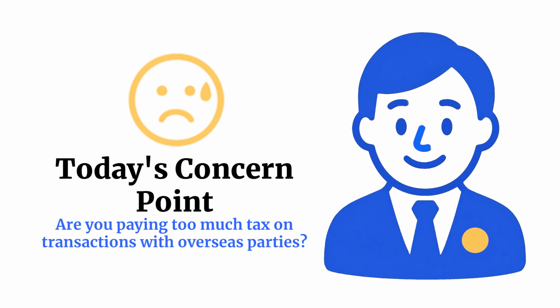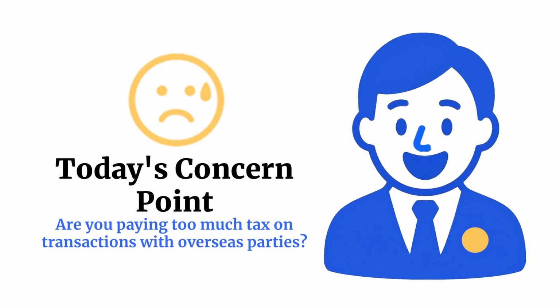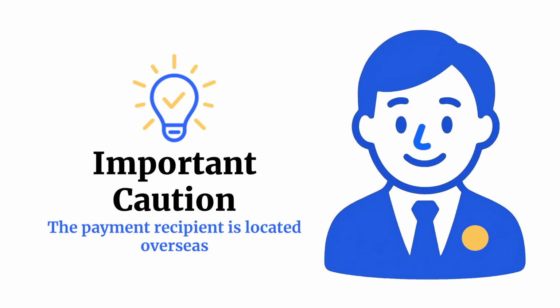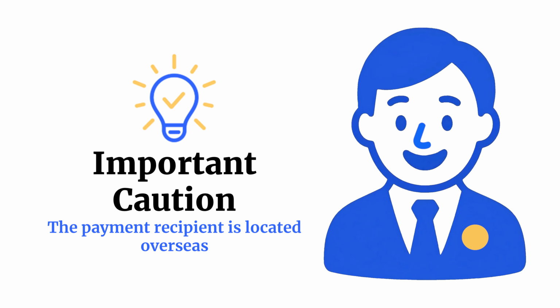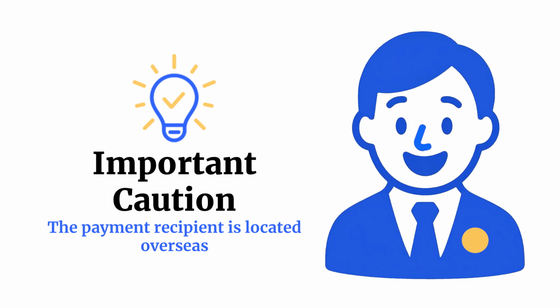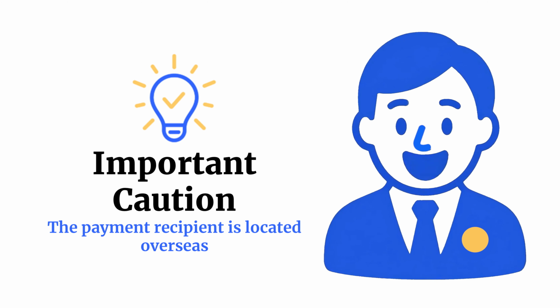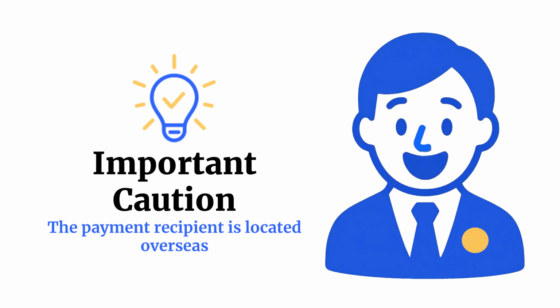So, first of all, what exactly is this notification form concerning a tax treaty? Its purpose is extremely simple. It is a document used to request the tax office to either exempt the tax or reduce the tax amount. The key words are tax exemption and tax reduction. Whether or not you properly submit this single sheet of paper can determine whether your tax becomes zero or significantly lower.